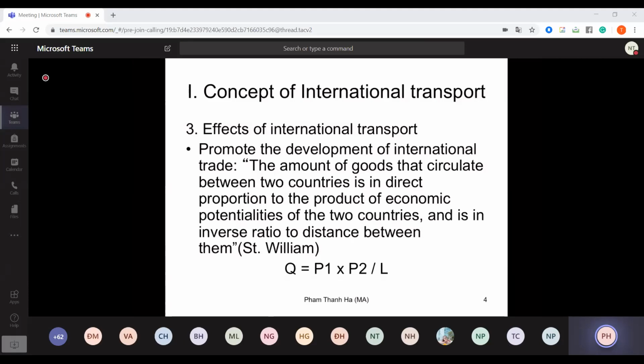Whatever way we use to approach the issue, between international transport and international trade, we have to focus on transportation costs and think about how to lower them. That's the very important way for us to increase the volume of goods that can be traded in international trade. So that's about the first effects of international transport.